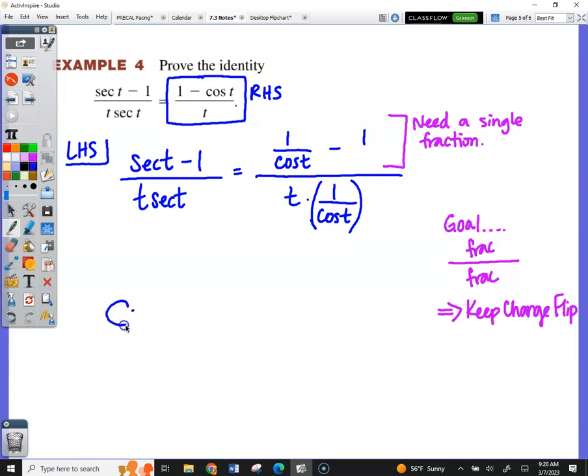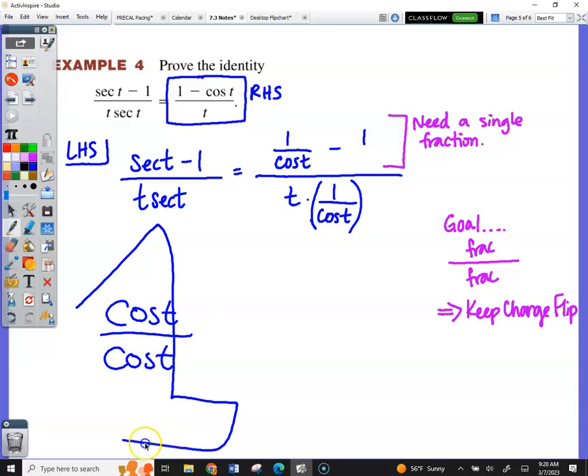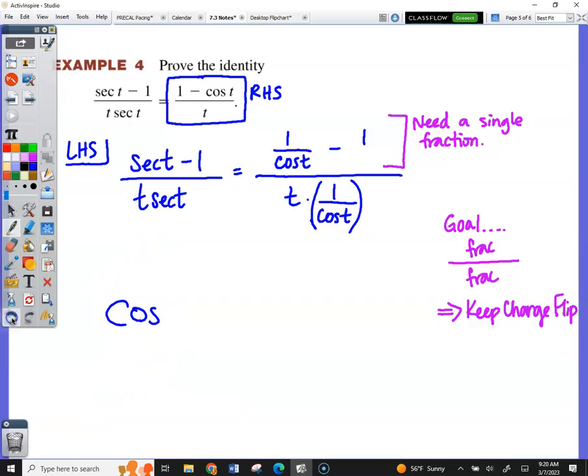Because isn't anything over itself completely just a big old fat fancy 1? Yeah? Okay. So I'm going to take my pencil so that I don't have 16 lines here, and I'm going to erase this 1, change color to make it stand out. I'm going to rewrite this as cosine t over cosine t.